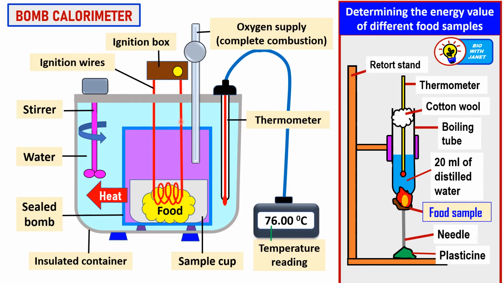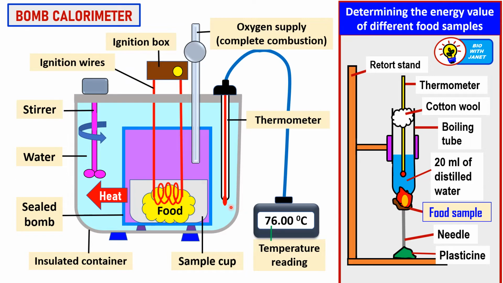So as the heat is absorbed by the water, there's a stirrer to stir the water to distribute the heat evenly in the water. The thermometer will show a temperature rise. Thus, the initial and final temperature must be measured.